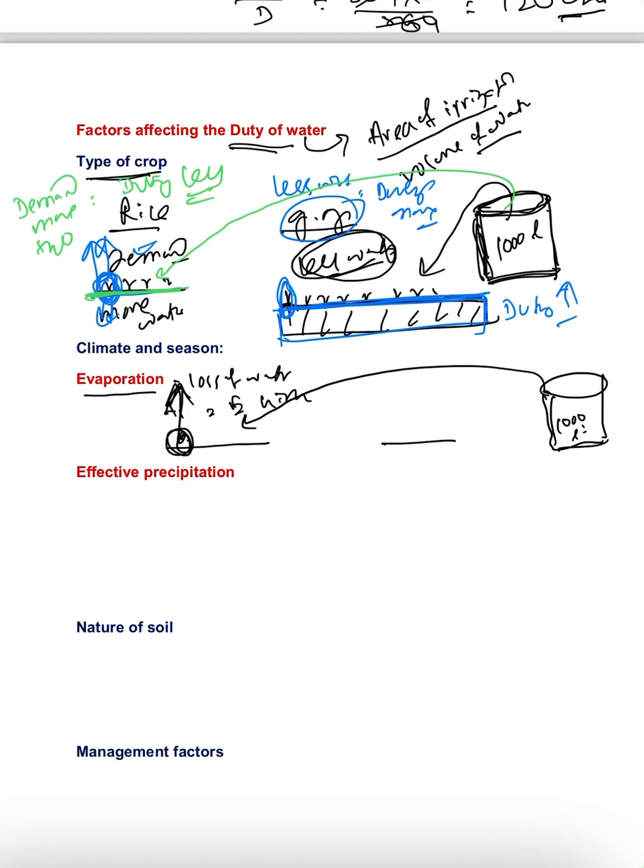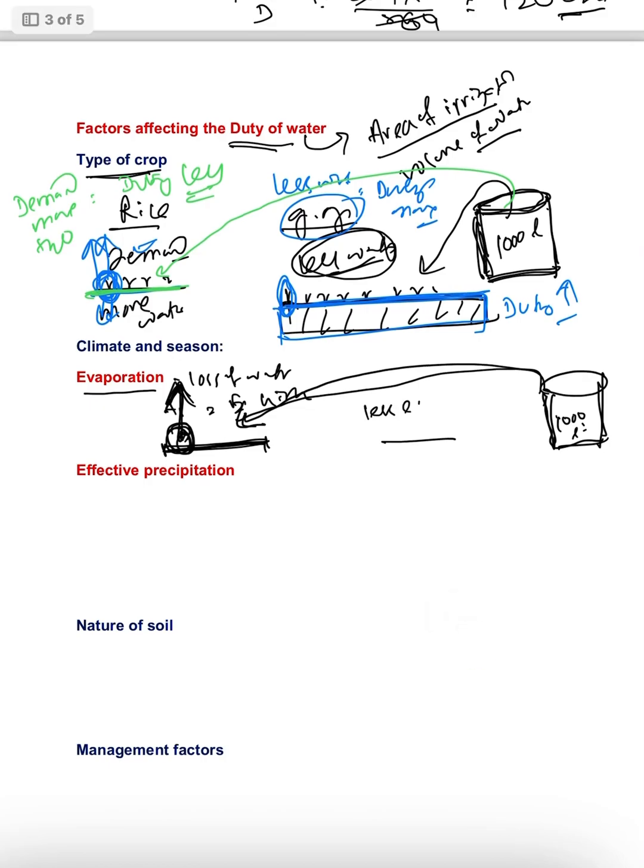Though I have a constant amount of water, it goes for evaporation loss. That means with this amount of water I can irrigate a very small area, because more loss is there. But in area 2, suppose less evaporation is there. That means loss of water will be less, so with this quantity of water I can irrigate a large area, because loss of water is less.